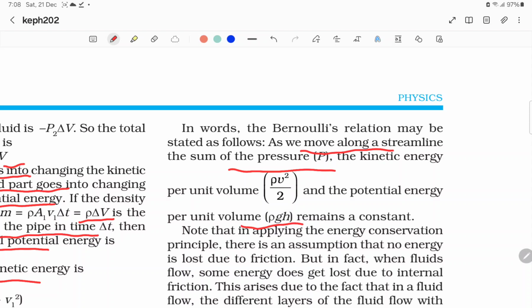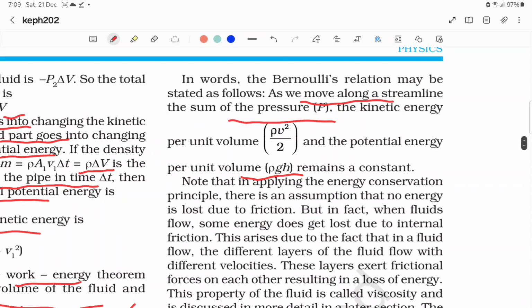Note that in applying the energy conservation principle, there is an assumption that no energy is lost due to friction, but in fact when fluids flow some energy does get lost due to internal friction. This arises due to the fact that in a fluid flow the different layers of the fluid flow with different velocity.